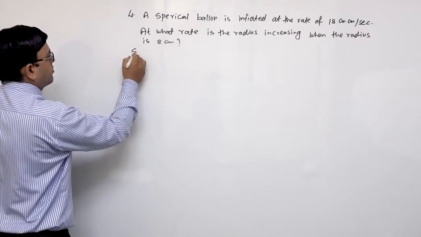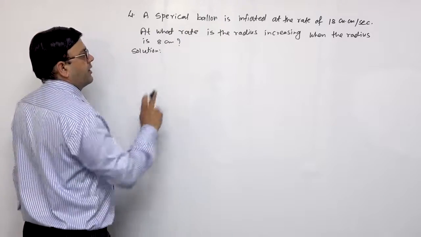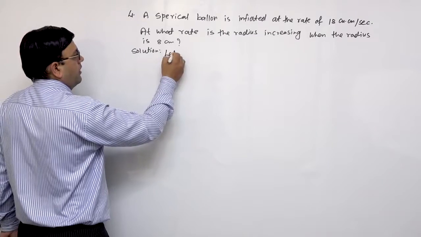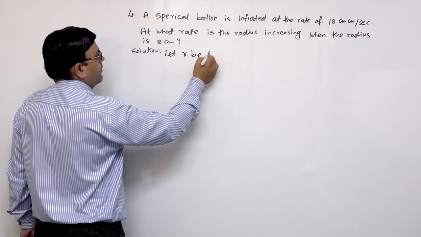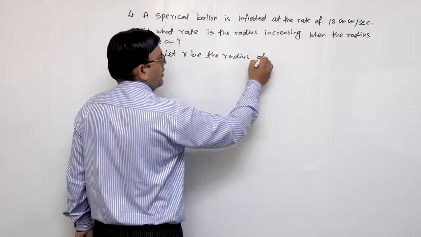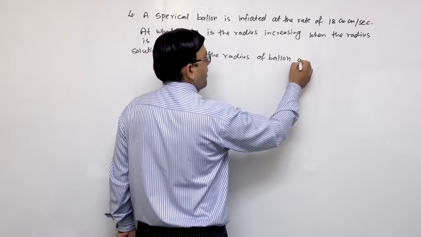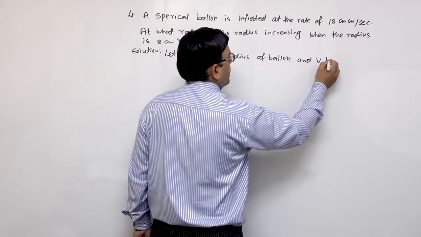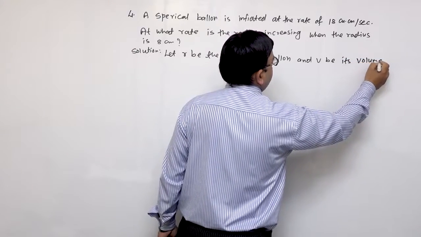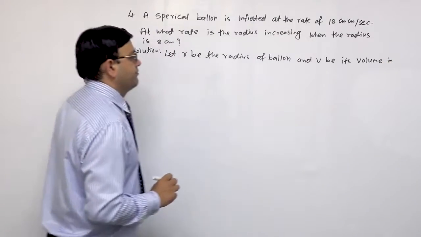So let's start the solution. Here at first we let r be the radius of the balloon and v be its volume in time t.